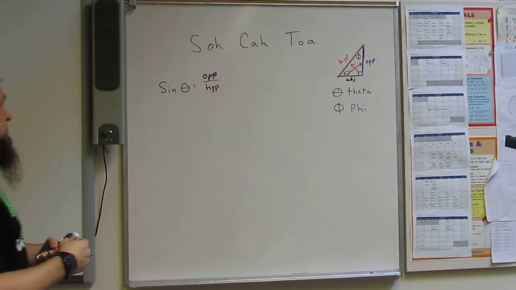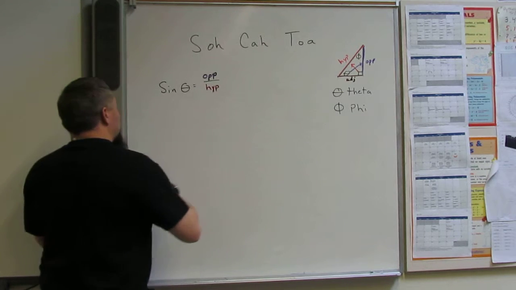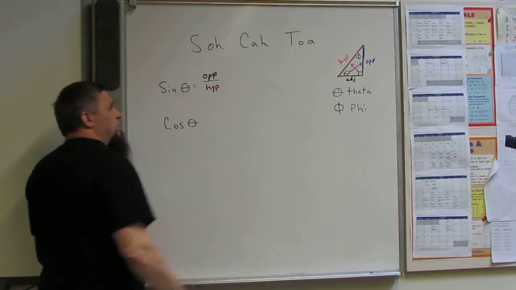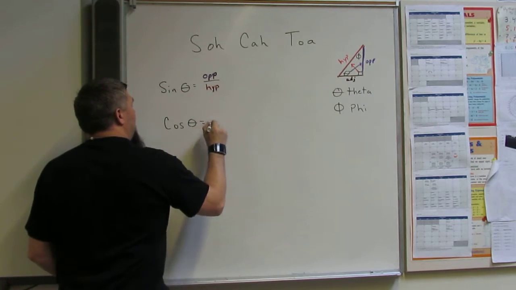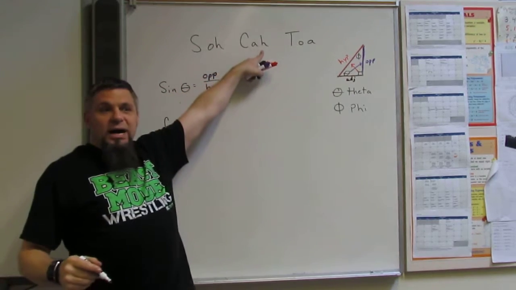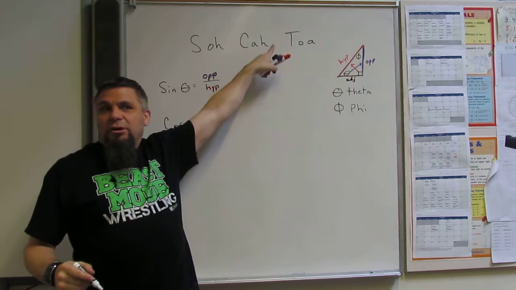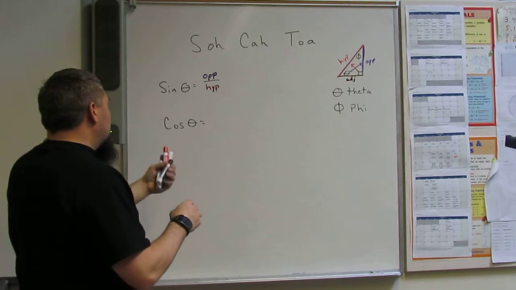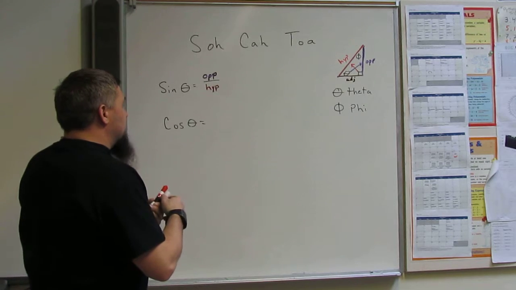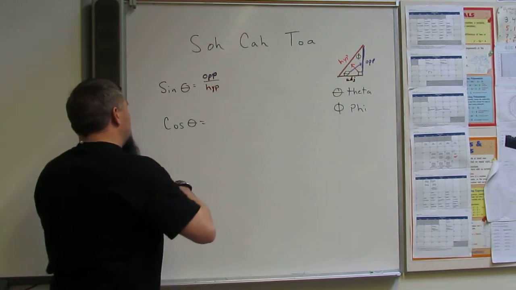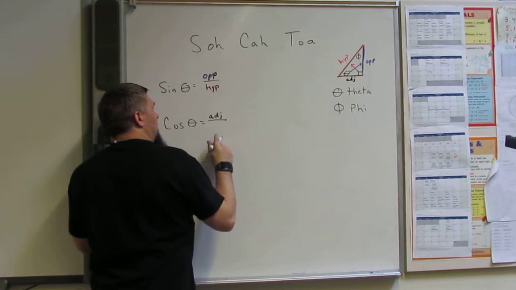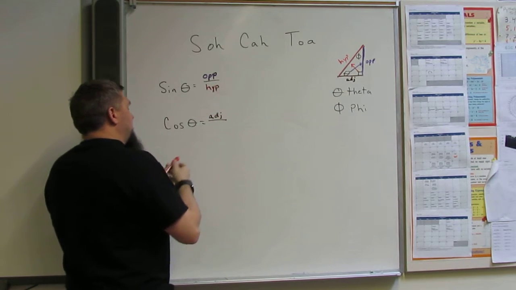Cosine theta is going to equal, or CAH, adjacent over the hypotenuse.